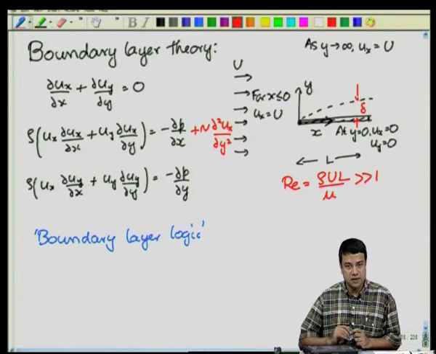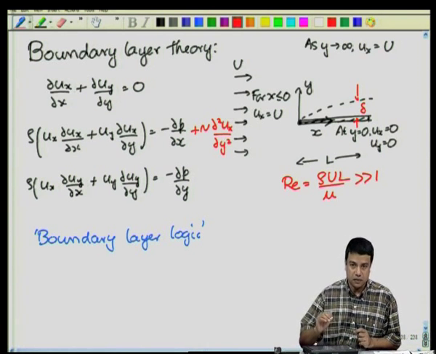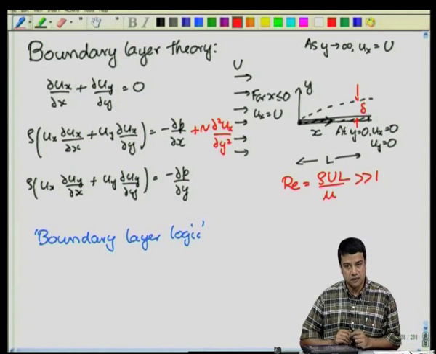However, I could have a situation where the length scale over which the velocity varies perpendicular to the plate, or the length scale over which there is diffusion perpendicular to the surface, is small compared to the length of the plate. If that happens, as you can see, there is a second derivative acting in the viscous term.